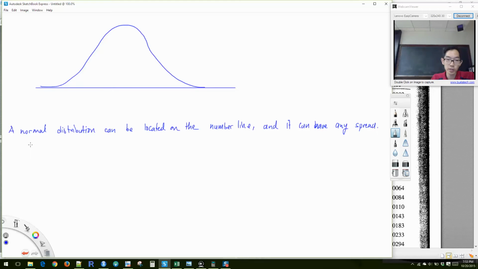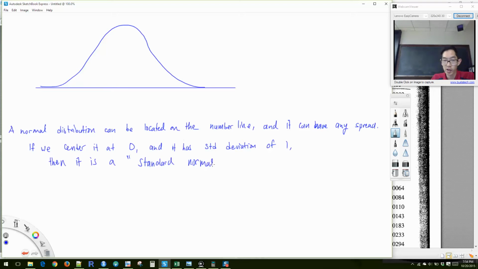But if we center it at 0 and it has a standard deviation of 1, then it is called standard normal, or Z distribution.